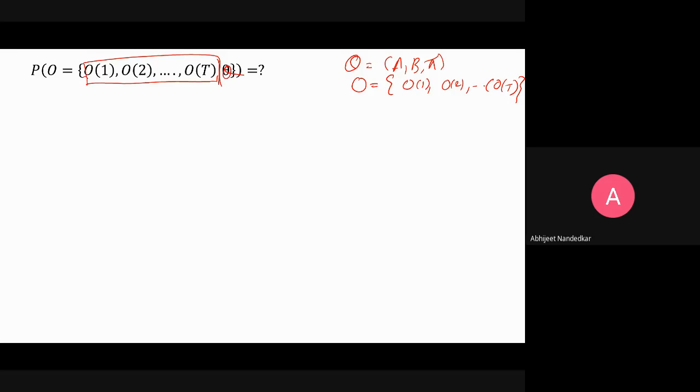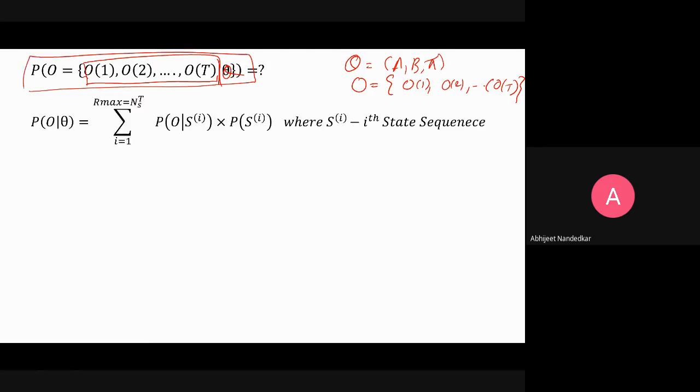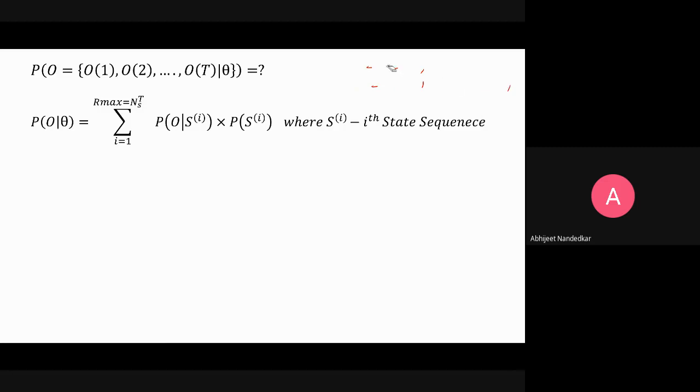And the question is whether this sequence is produced by the particular model. Now we can see that there are many possible combinations of these states. We can have different possible combinations of the hidden states and still produce the same sequence. So remember, your states can be anything, but you can produce the same observables.